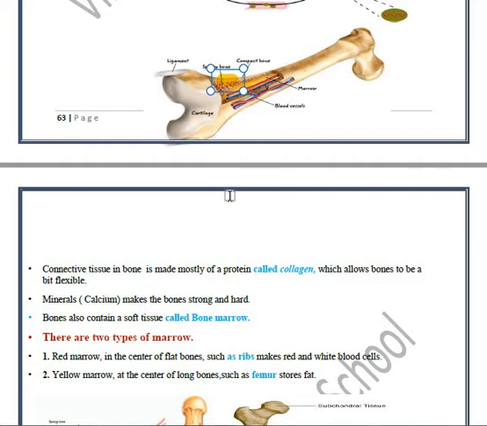And second, connective tissue, mostly a protein called collagen, that allows some flexibility for the bones. And the last thing in the composition of the bone is the bone marrow. So the bone is composed of three things: the calcium, the connective tissue, which is mainly collagen, and the bone marrow.